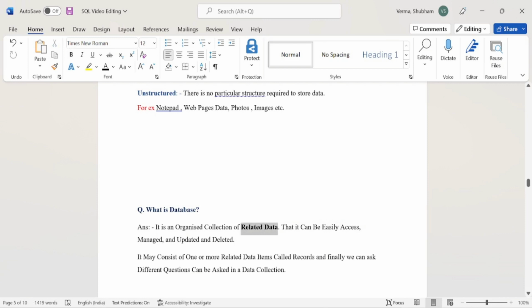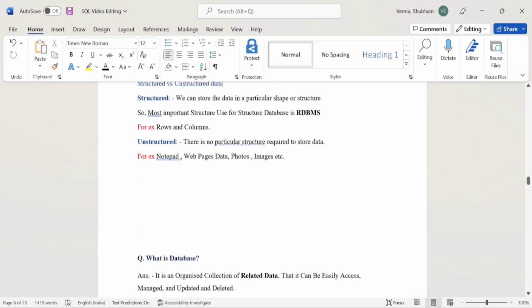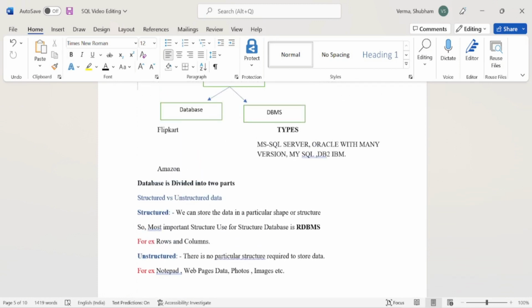Related data means, let's clear it with an example. If I talk about Amazon, let's suppose in the Amazon database we have the data of Amazon customers, like when a customer logs in to their account, when they log out, what were the previous orders, what are the current orders, what are the returns and so on. But in the Amazon database, they don't have any other person's data.